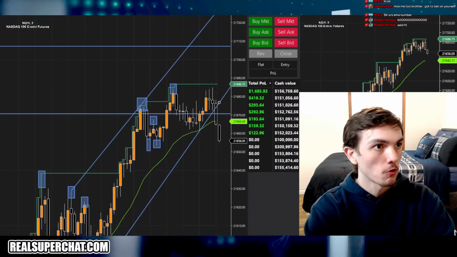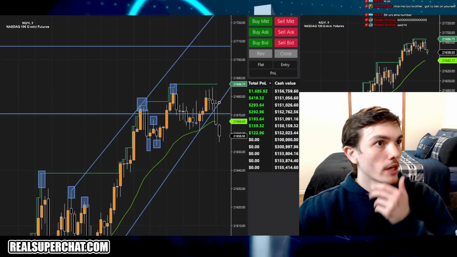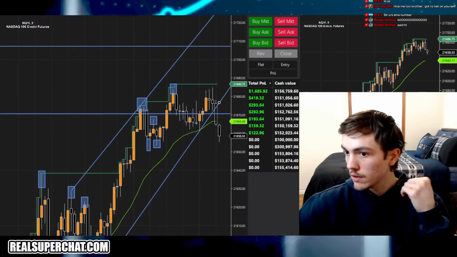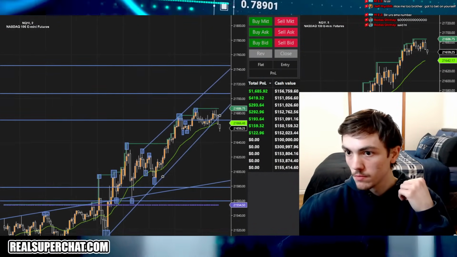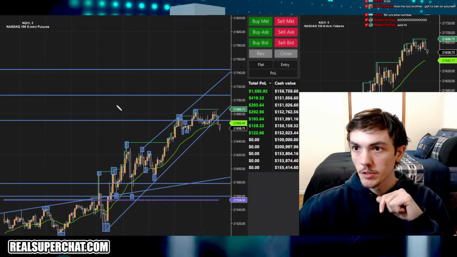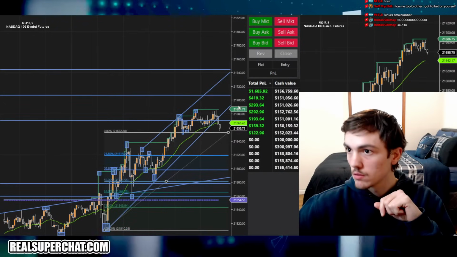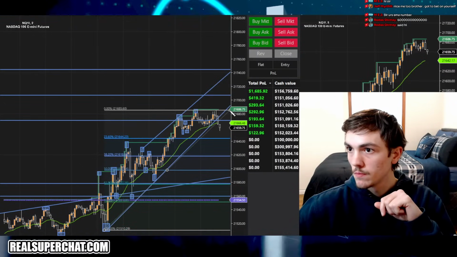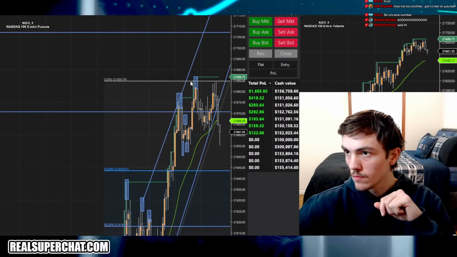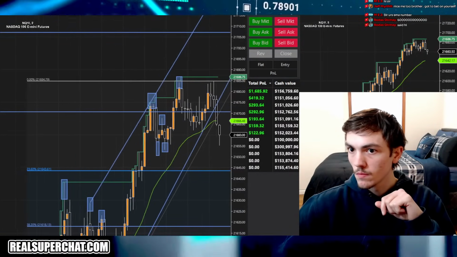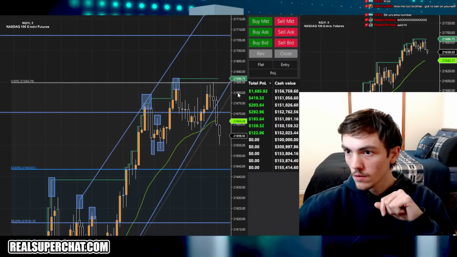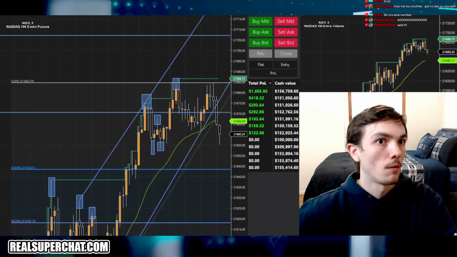This may just be a full down. Let me do a fib so I can see the key levels. We're gonna keep this a little zoomed out for now.